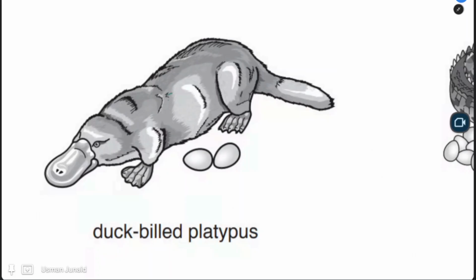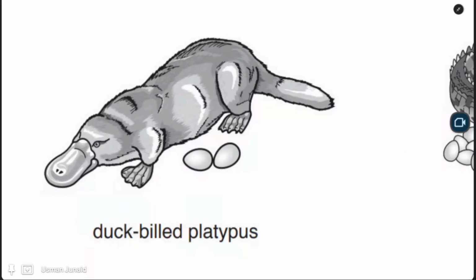So, what kind of appearance does it have? What does its skin look like? Does it look like feathers or does it look like fur? Fur, just fur with webbed feet.